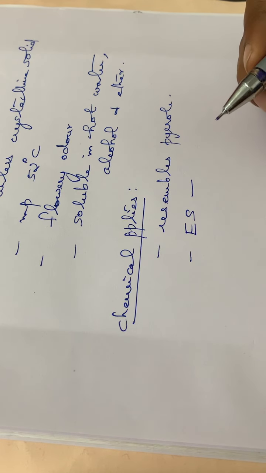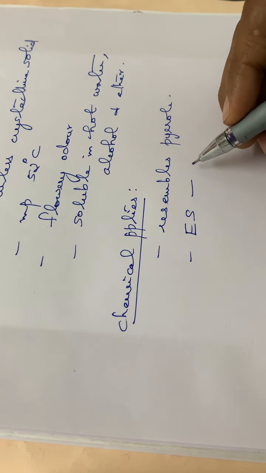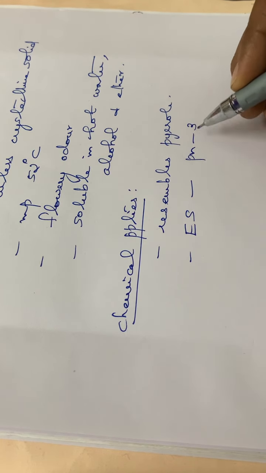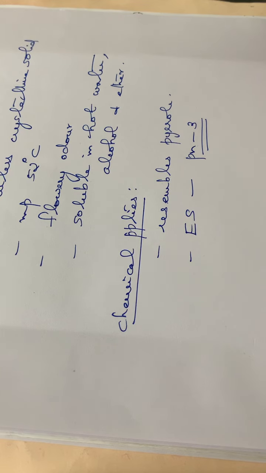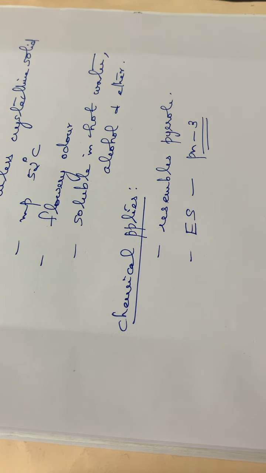What are the electrophilic substitution reactions? Halogenation, nitration, sulfonation, etc. And these electrophilic substitution reactions will be taking place at the third position, because at the third position only the carbocations are stable. So electrophilic substitution will be occurring at the third position rather than the second position.